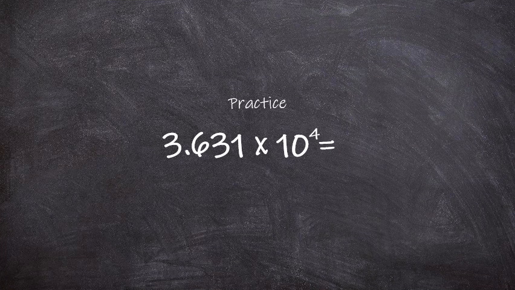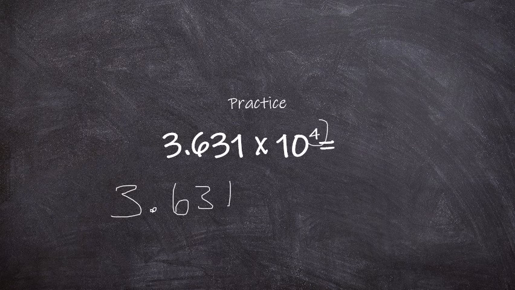Let's do another one. What is 3 and 631 thousandths times 10 to the fourth power? Remember, when multiplying decimals, move the decimal the same number of places to the right as your exponent. Do you have it? Great, let's work it. So we have 3 and 631 thousandths.